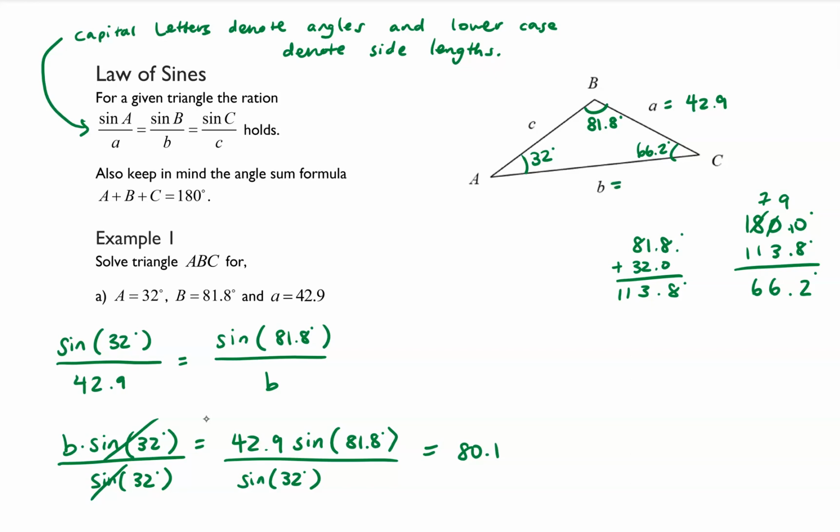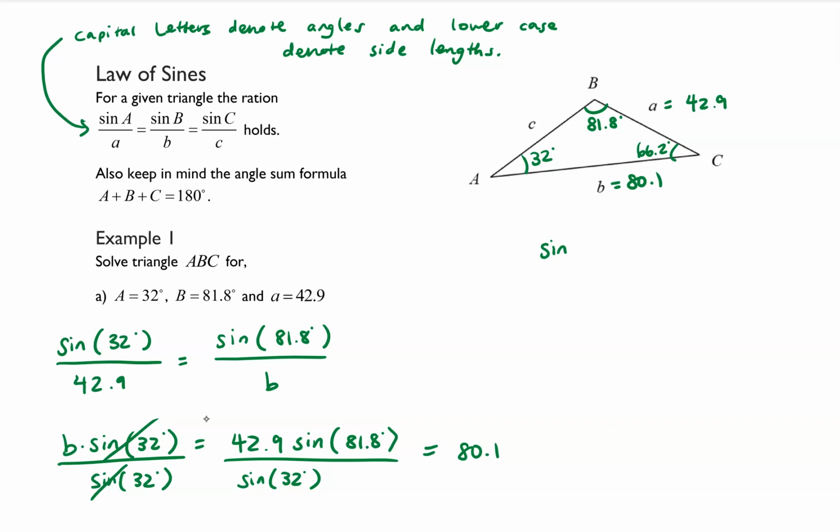Okay, so we know that b is 80.1, and now the only value that we are missing is lowercase c. So I'm going to erase this stuff to make some room, and I'm going to say that sine of 32 degrees over 42.9 is equal to sine of 66.2 degrees over lowercase c.